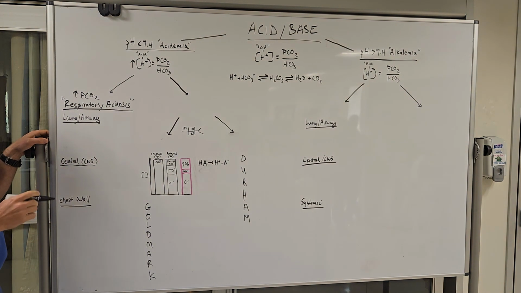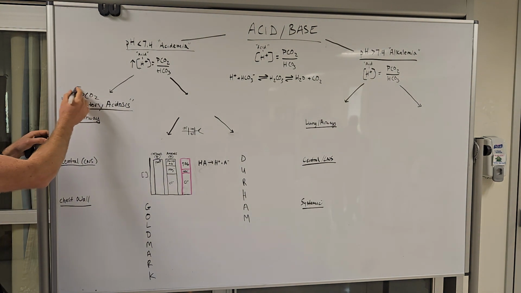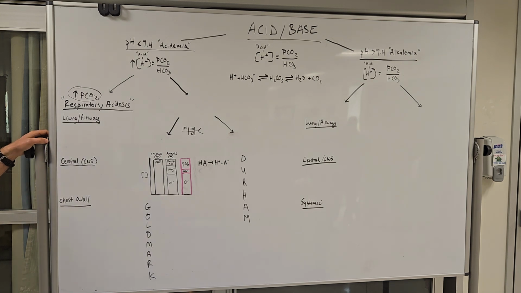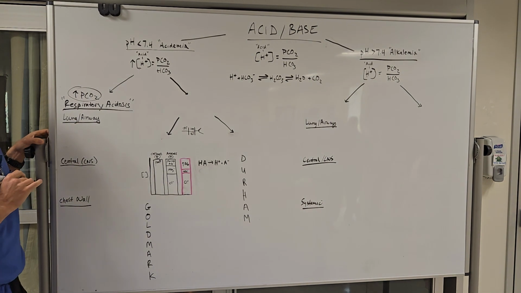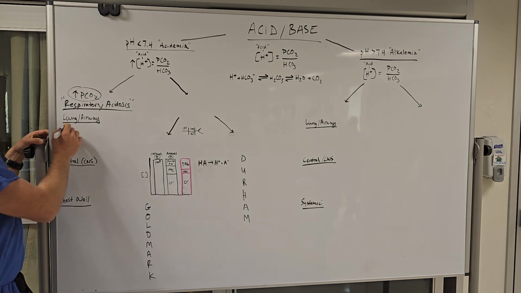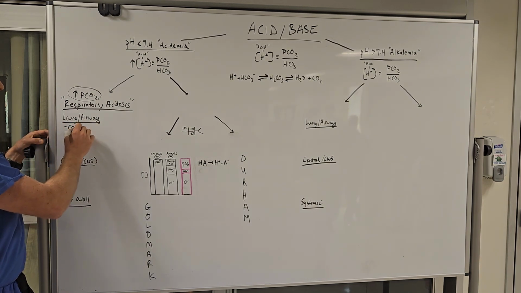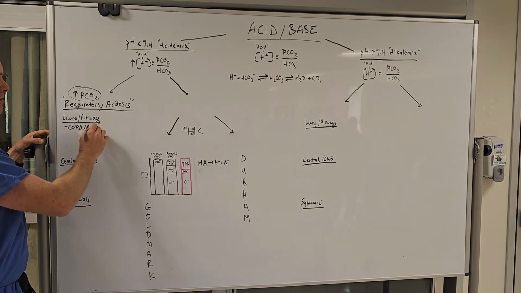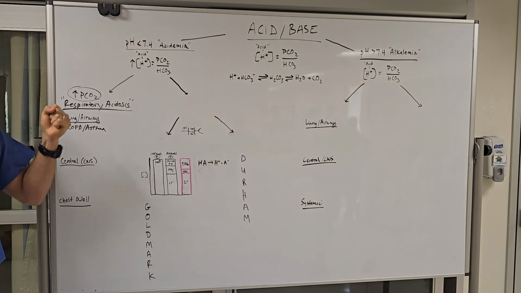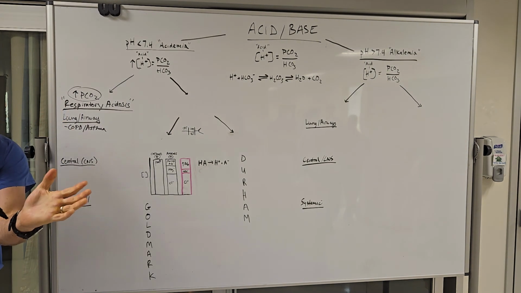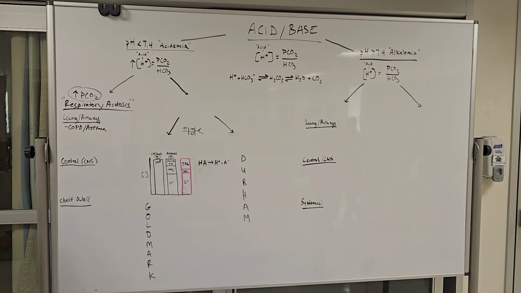Okay. So what are the ways we can retain PCO2? Well, lung and airways. What's a big one we see a lot? A lot of people are smokers, or they've got asthma. So COPD, asthma, bronchospasm. Basically, the airways are bronchospasming. They can breathe in, but they can't breathe out that PCO2, so they retain it in their blood and get an acidosis.